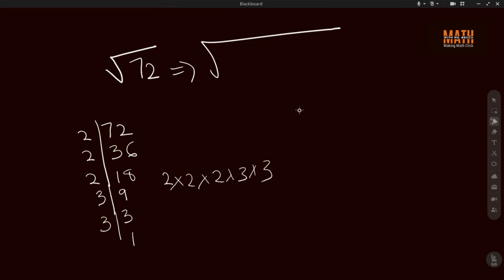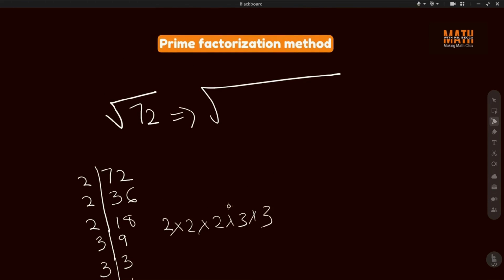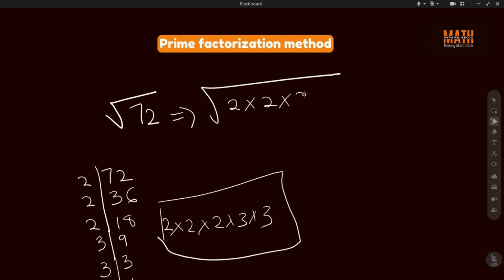So instead of having root 72, we will write these prime factors under the square root, so that we have root of 2 times 2 times 2 times 3 times 3.